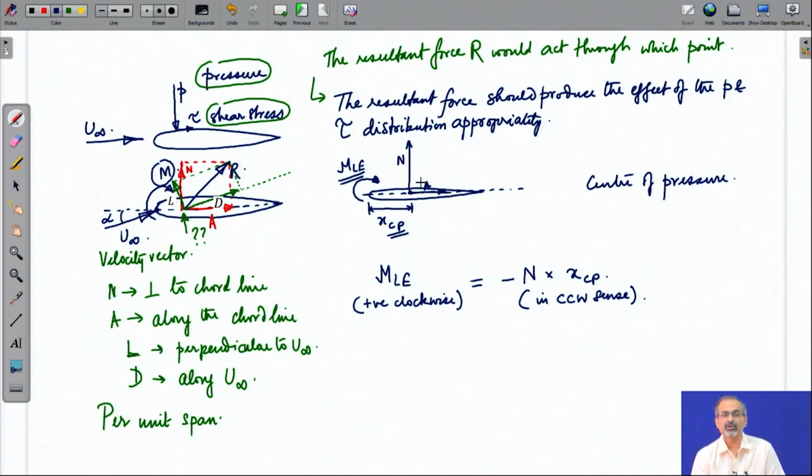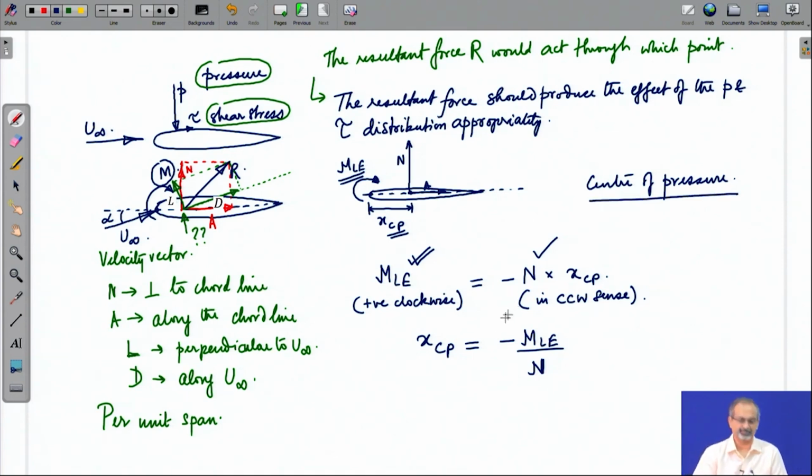Obviously, the force A will not produce any moment about the leading edge, because it is lying on the chord and the leading edge is a part of the chord itself. Therefore, it is only the normal force which will create it, and it exactly creates that much moment as the leading edge moment. So, if that is the case, then we get the coordinate of this point, which we call the center of pressure.